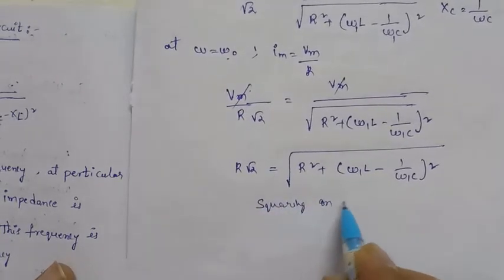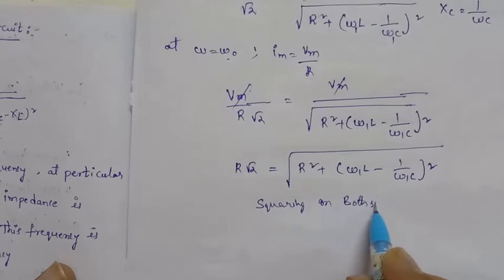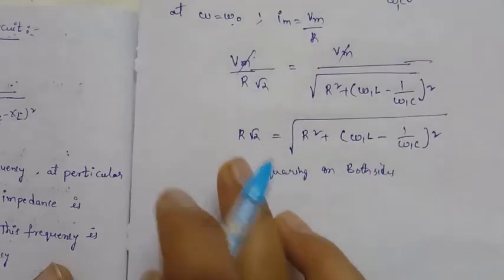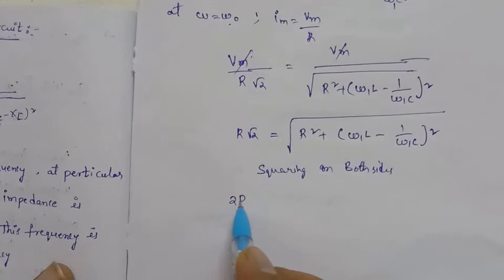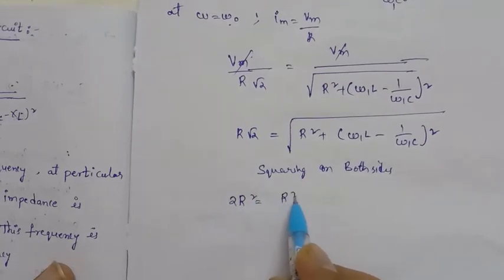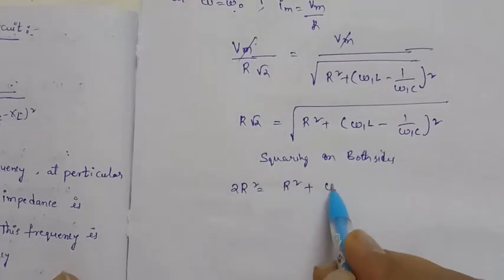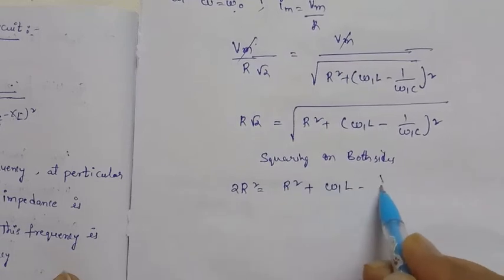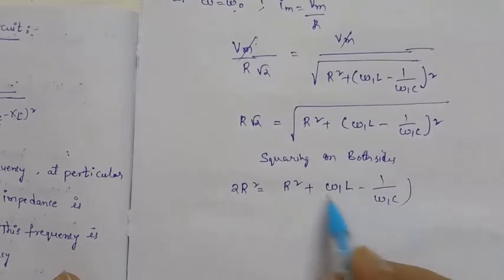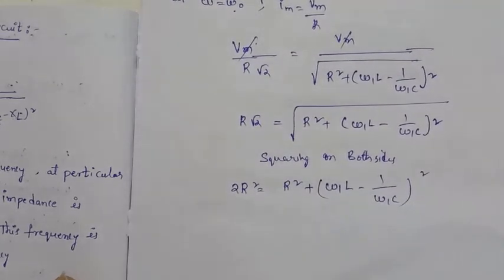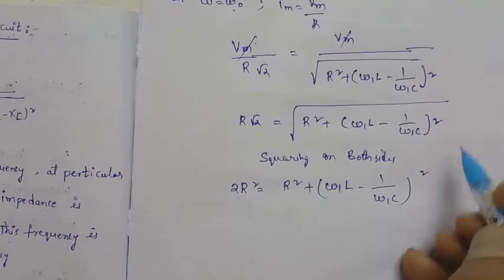Then how does this expression change? 2R square is equal to R square plus omega 1 L minus 1 by omega 1 C whole square. What is omega 1? You have to take the expression already.